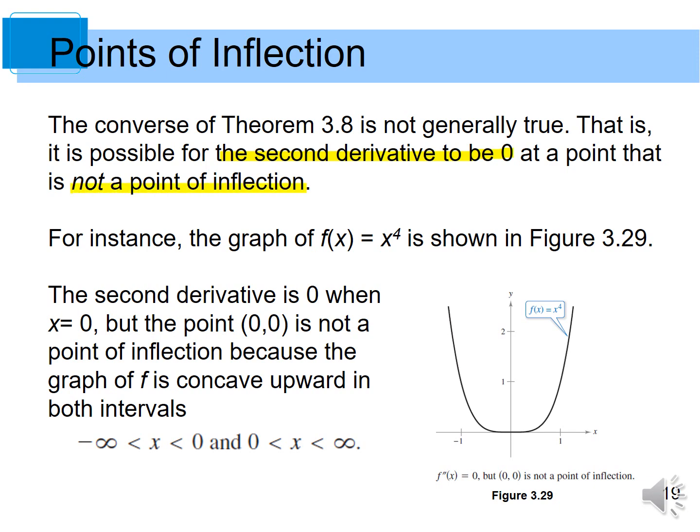For example, the graph of f(x) equals x to the power of 4. The second derivative is 0 when x equals 0. But the point (0, 0) is not a point of inflection because the graph of f is concave upward in both intervals. Look at the derivation.